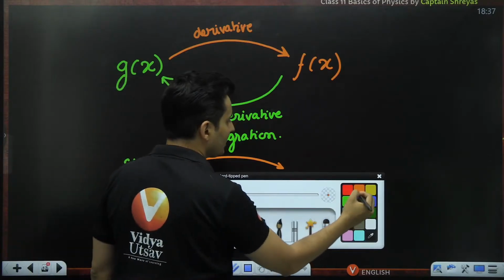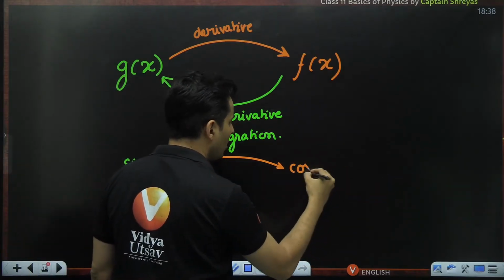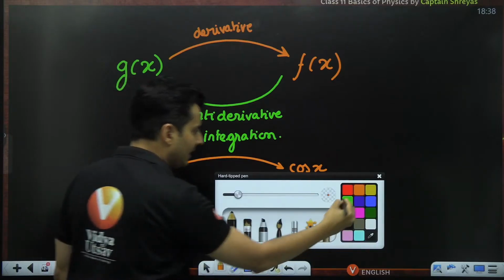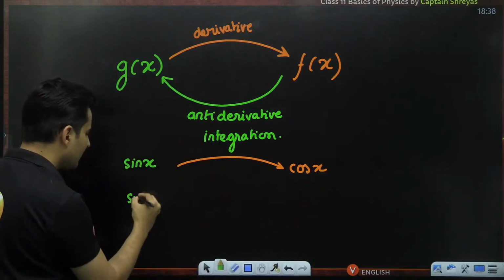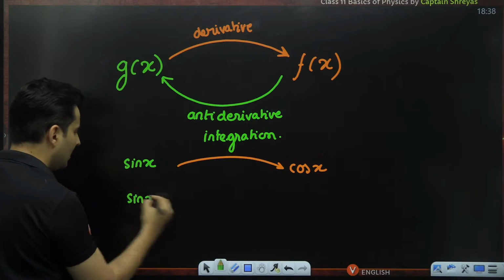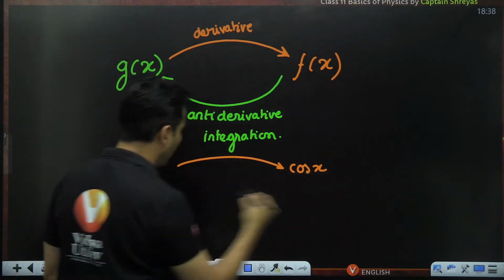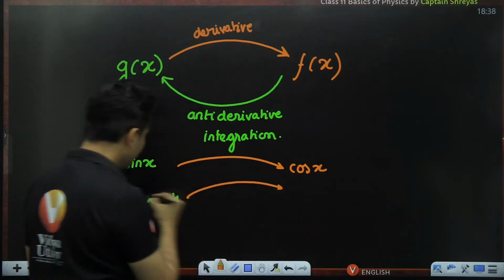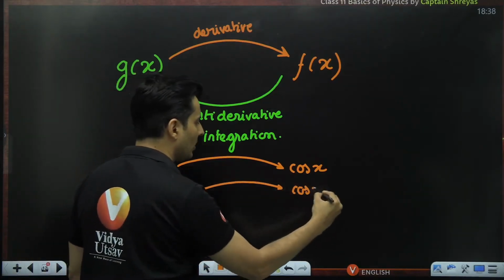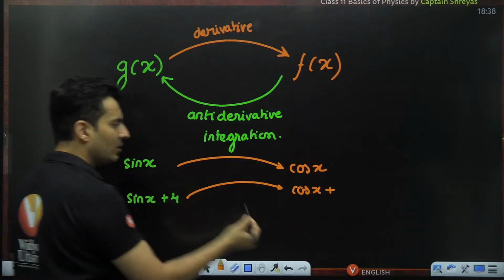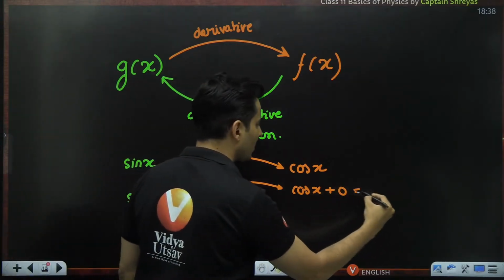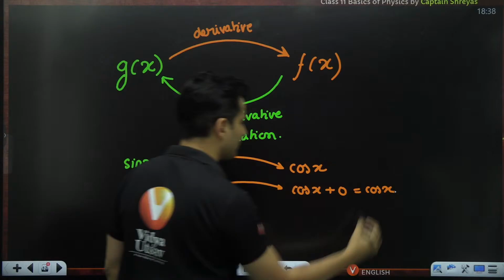We all know sine of x derivative will be nothing but cos of x. But let's say my function is sine of x plus 4. We all know sin x's derivative will be cos of x. 4 is a constant. Constant's derivative is 0. So it will still be cos of x.